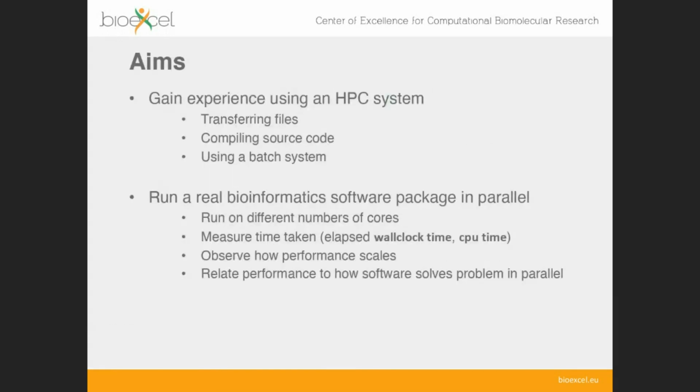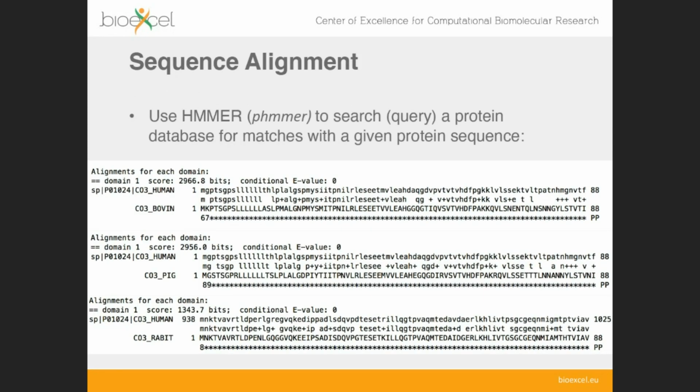It is aimed at doing genomic sequence alignment, and the idea is to get used to actually using the machine and appreciating how a real package runs in parallel, looking a little at how to make it run in parallel in the way that you want, understanding that it's using threads, and that it's using something called MPI, which you'll gradually, tomorrow as well, get more of an appreciation of. And it should relate to what we covered already today in lots of the talks.